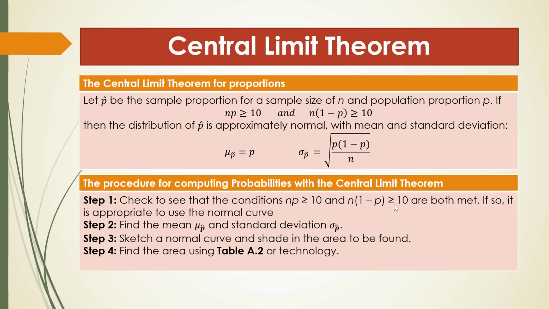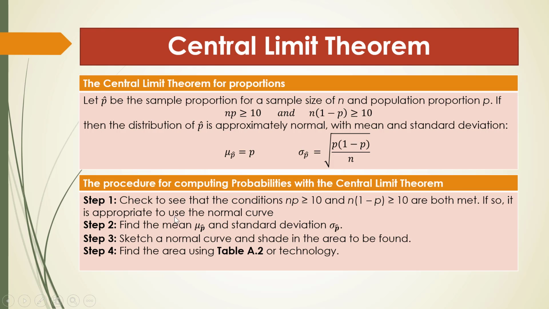And the procedure for computing probabilities with the central limit theorem is: first, we have to check if the central limit theorem is applicable. That means we have to check the conditions n times p is at least 10 and n times 1 minus p is at least 10. If both of them are met, then the central limit theorem is applicable. Otherwise, we cannot apply the central limit theorem.